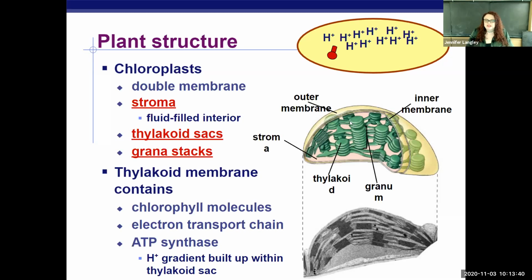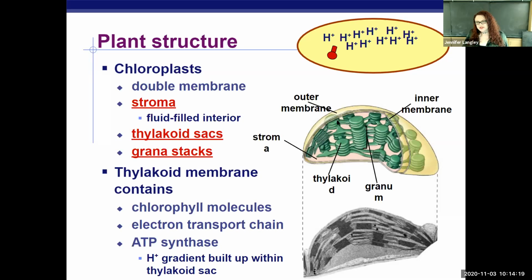See how much surface area, how much thylakoid membrane there is there? Why do we want all that membrane? Look at the cross section of them here. We have all this membrane.